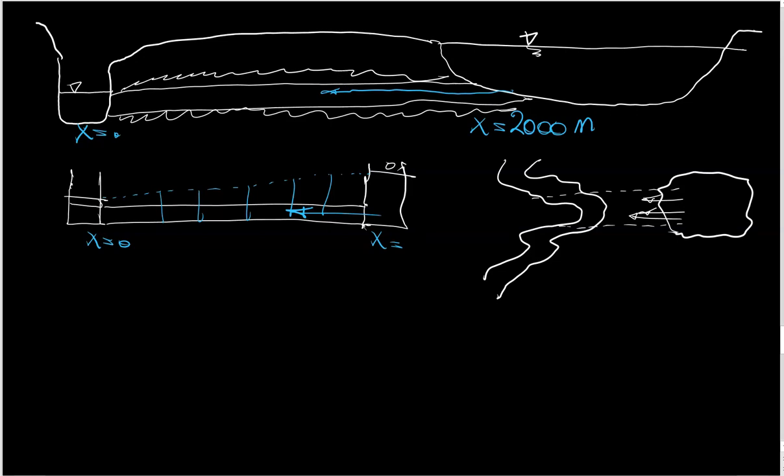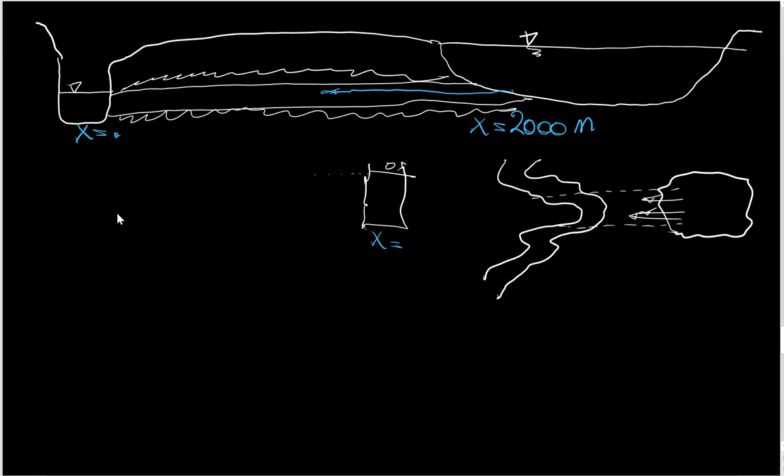Okay, to play with this problem, you know that the system is in the steady state condition, partial phi, partial t equals 0.